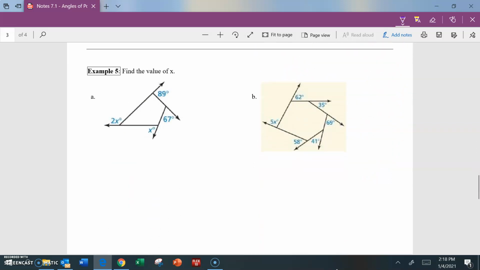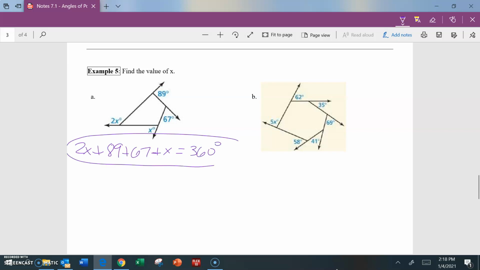So in part A, we have a 4-sided figure, a quadrilateral, and once again, this time it doesn't really matter how many sides, because our equation is going to be set equal to 360, because that's what all outside angles are equal to. So if we combine like terms and start using our algebra, we have 3x plus 156.